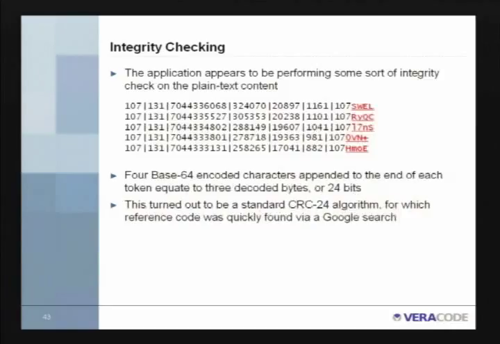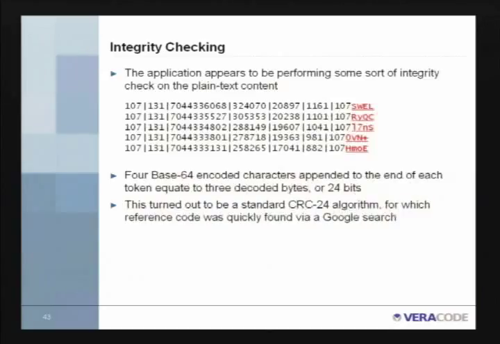Thanks to Google, it turned out that this was a standard CRC24 algorithm, which you just searched for and found the reference code. It was about 10 lines of code or something in C, and I just compiled it, threw in one of the plain text tokens and saw what came out. And it was CRC24, reference implementation. No secret in there or anything.